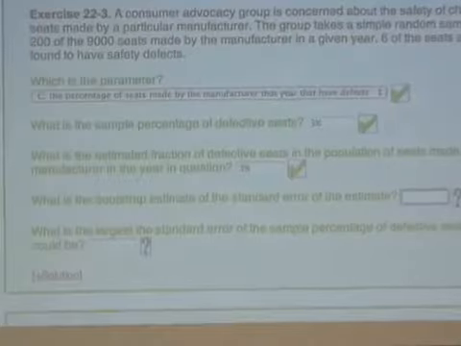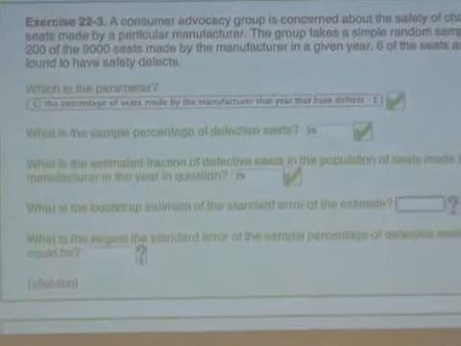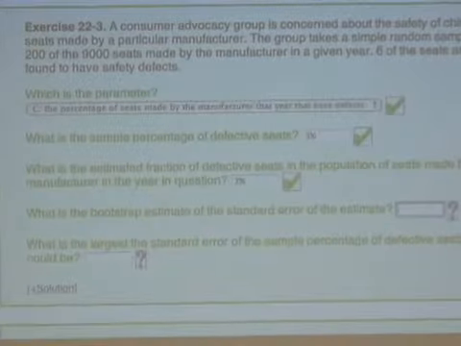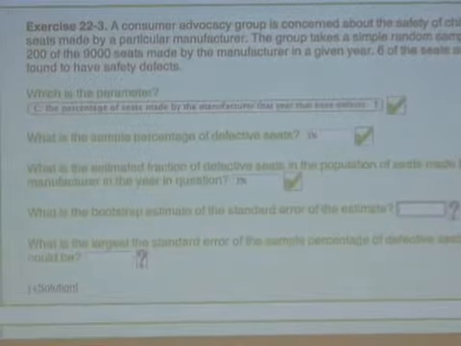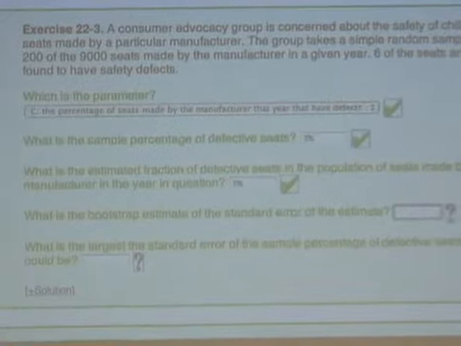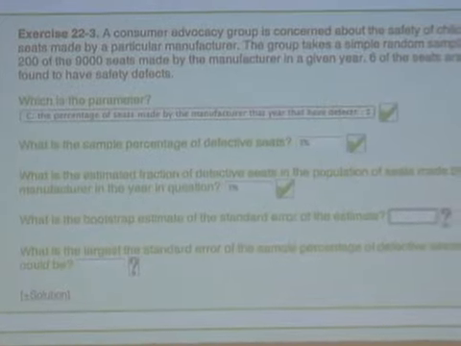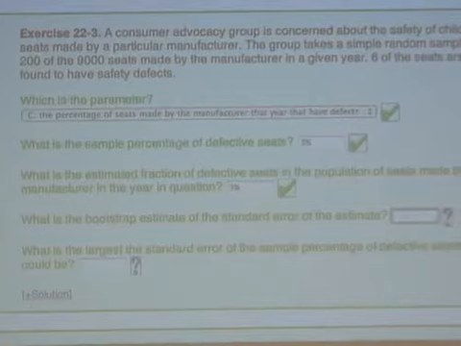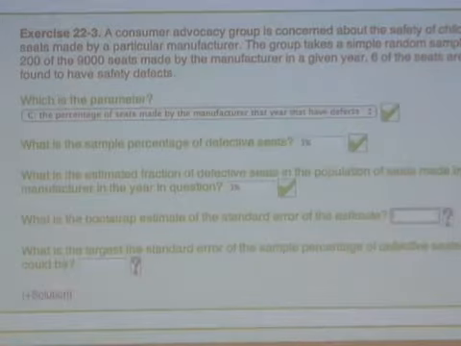Okay. So what we're talking about in this chapter is really just simple random samples and random samples with replacement. If you have another probability sample design, it's not this simple. Okay, what's our bootstrap estimate of the standard error of that estimate?